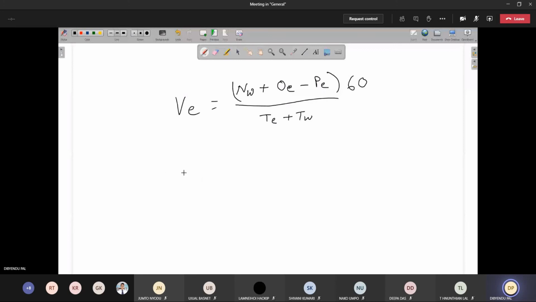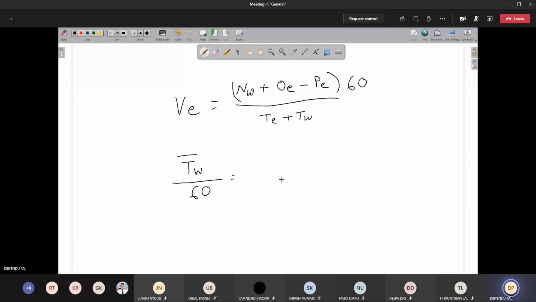Now we are interested to know the average travel time of the west direction. If we say the average travel time of the west direction is TW bar, then this is the time I am taking in terms of minutes, convert it into hours. So this will be this divided by this.